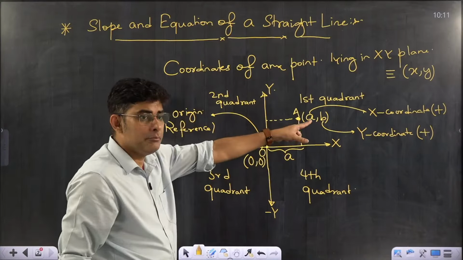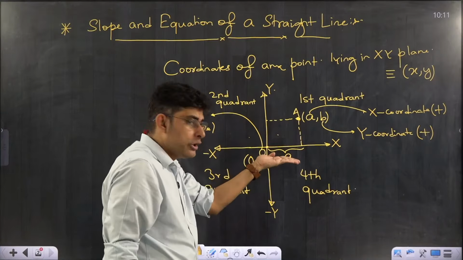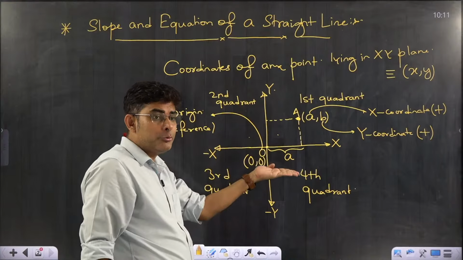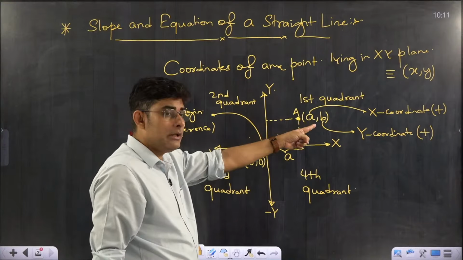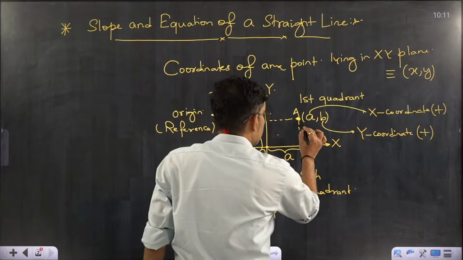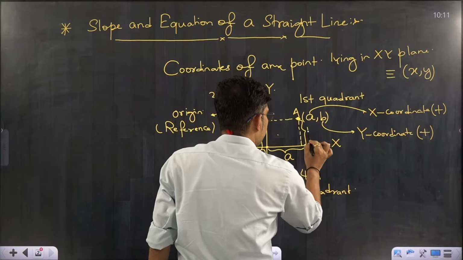When you are seeing B, it means from origin, how much you are moving towards y-axis. How much you move along x-axis will give you A, and this distance will be denoted as B.